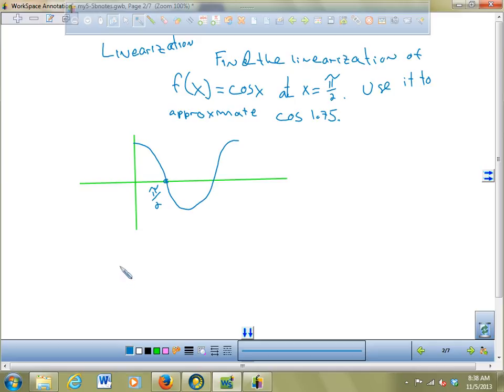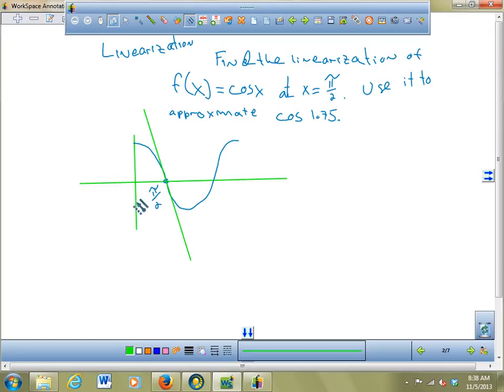And if I were to draw the tangent line right there, it would look something like that. So I know that the cosine of pi over 2 is what? You guys know that? 0.